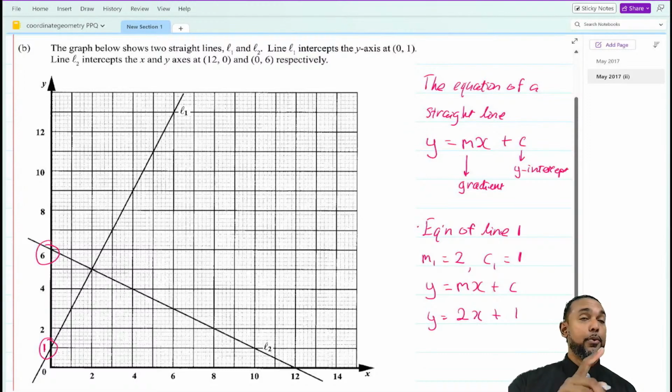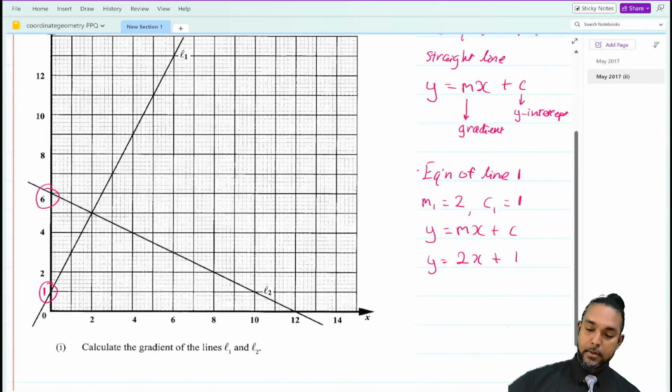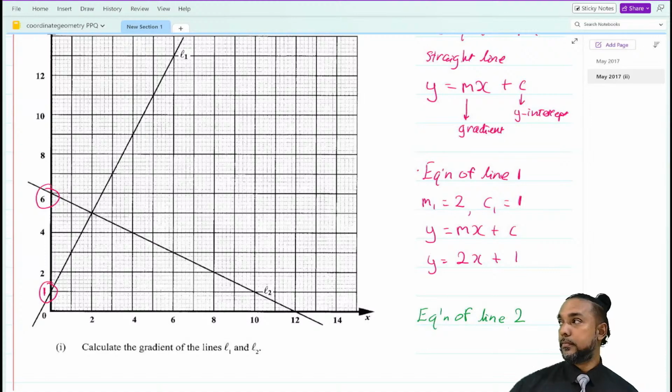So for practice, I want you all to do the equation of line 2. What would be the equation of line 2? What's the gradient of line 2 from the previous page?